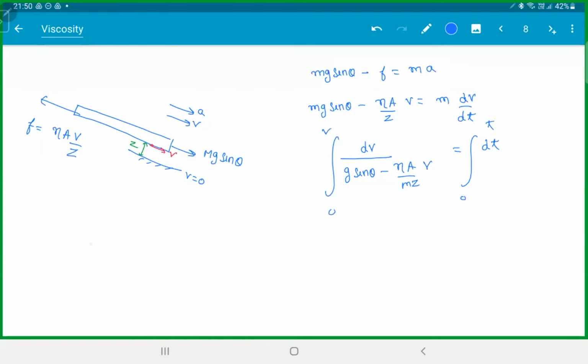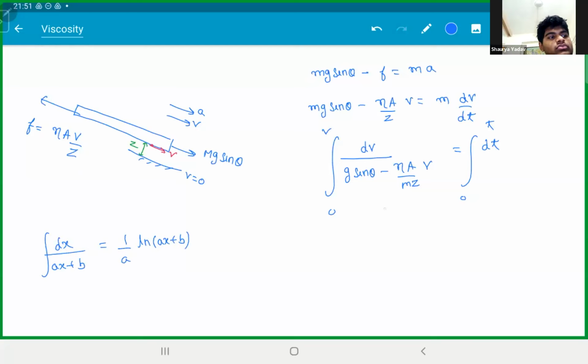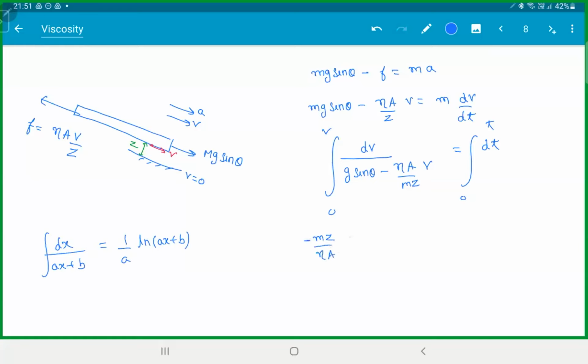I hope you know this integration. Integral of dx by (ax plus b) is 1 by a ln(ax plus b). Calculus started? Integration. Yes. Fine now. Even if you don't know, so that is the thing. So here a is this guy, 1 by a, so this will be minus mz by eta A ln(g sine theta minus eta A v by mz), with limits 0 to v, is equal to time.